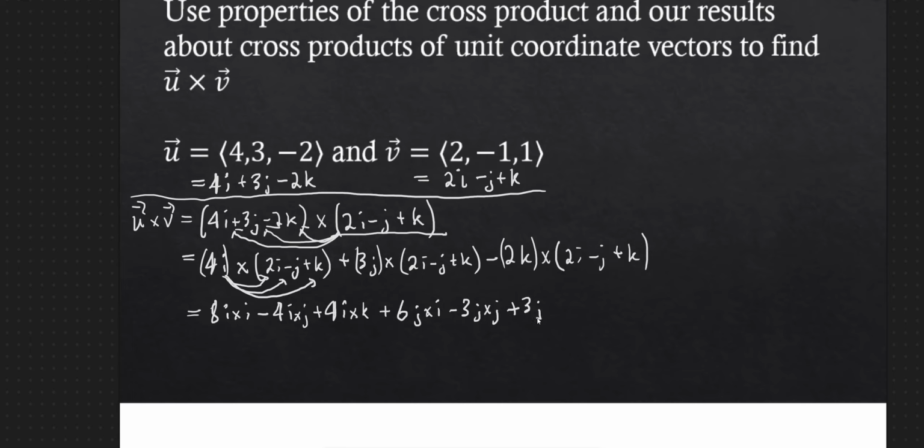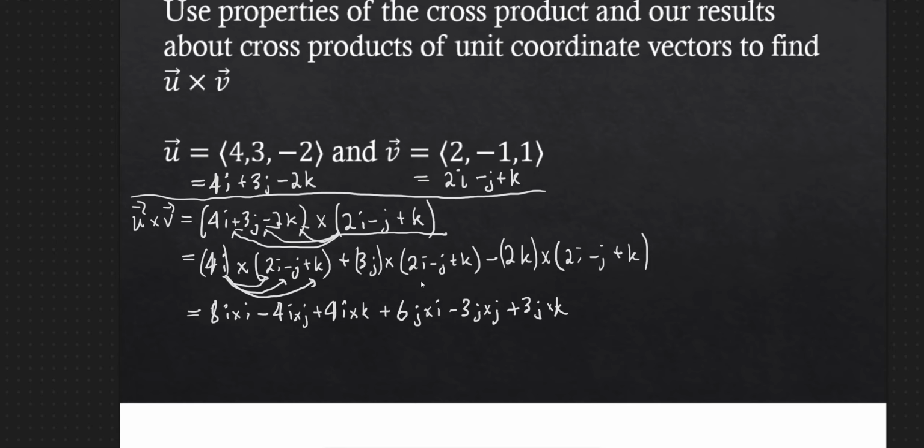I really don't need arrows. I've been mixing notation with the i, j, and k. Usually with i, j, and k, you don't need arrows above them because we always use them for these unit coordinate vectors. They're assumed to be vectors, so you really don't need the arrows. So where am I at? 3j cross k.